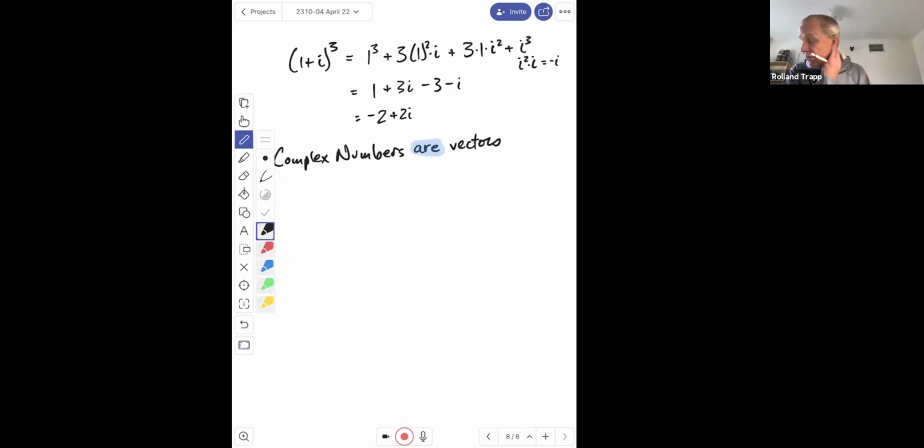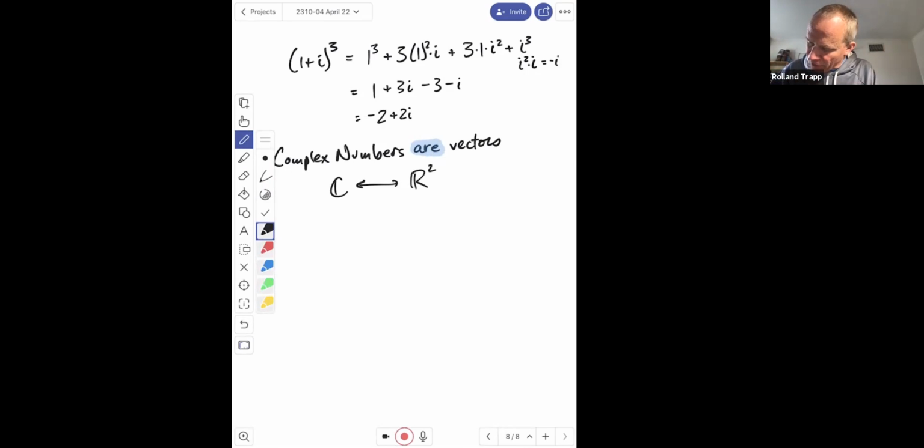That's where they started to catch on. It's hard to believe that no one realized that complex numbers could be represented by vectors to begin with, but that's just because we're always taught that they are. So the idea is you can map complex numbers to R2 and back.